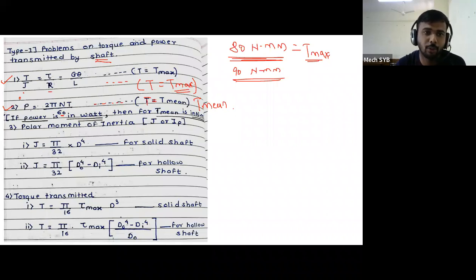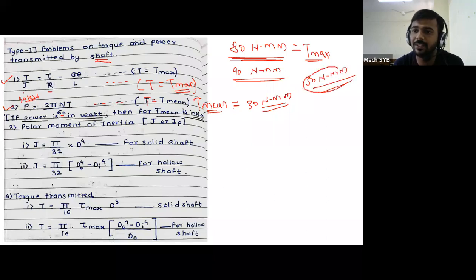See here, if I give the power as 30 kilowatt, then how much torque comes for this 30 kilowatt? That torque means your T mean. For example, for this 30 kilowatt, if the value of your T mean, or this torque, is 30 Newton mm, and the maximum limit of that shaft is 50 Newton mm, then this 50 Newton mm represents the T max, meaning the maximum torque transmitting capacity of the shaft. But the torque induced in that shaft is 30 Newton mm, which is less than 50.